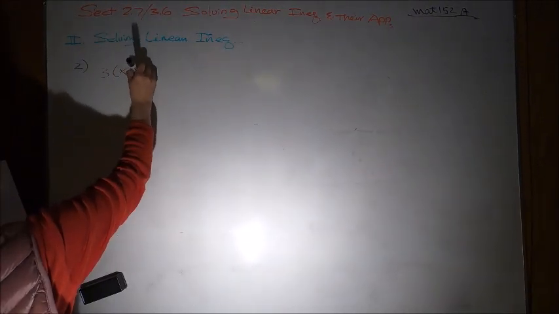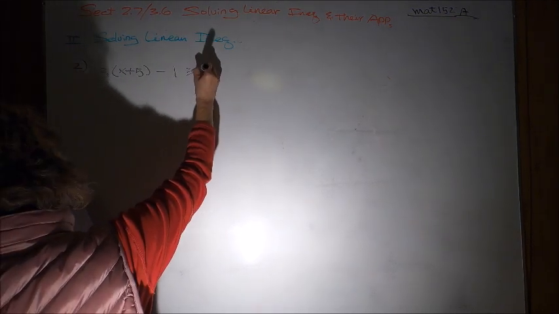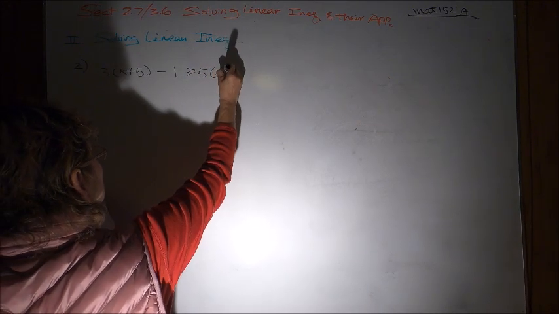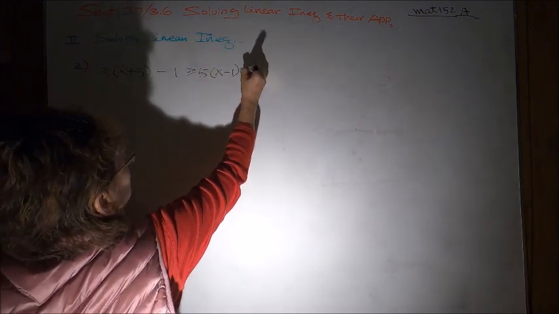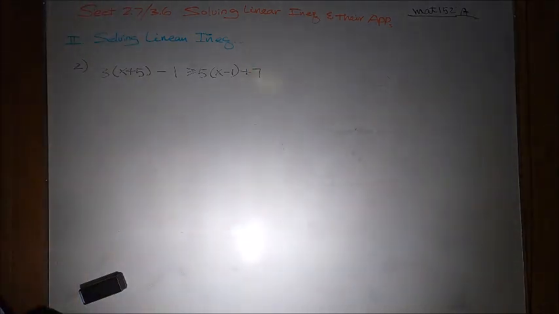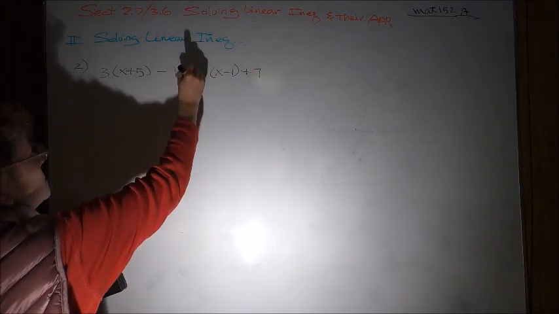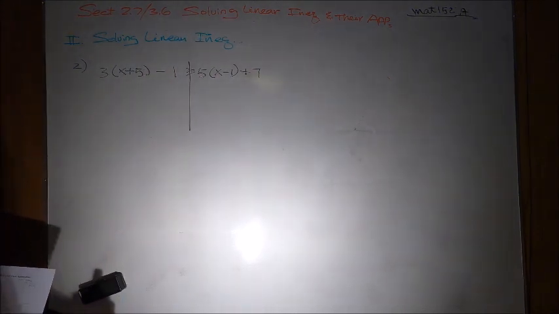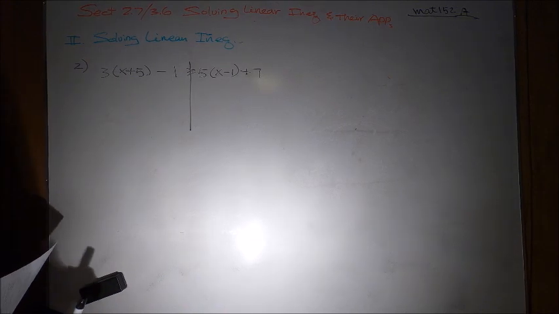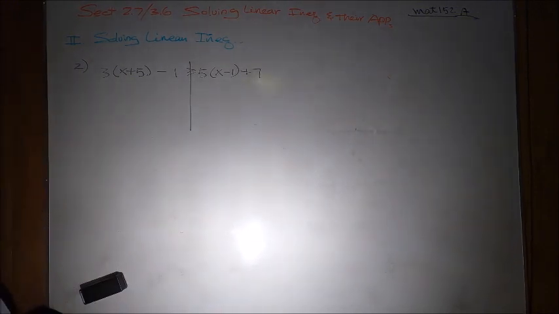Let's look at the next example. Do we have an equation or an inequality? Inequality, right? So, same thing as an equation, we make two sides simpler first by doing what?